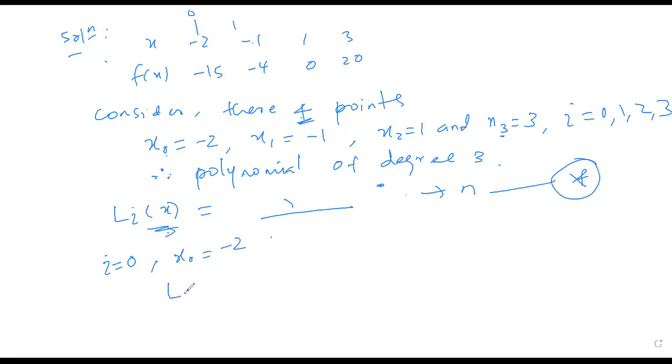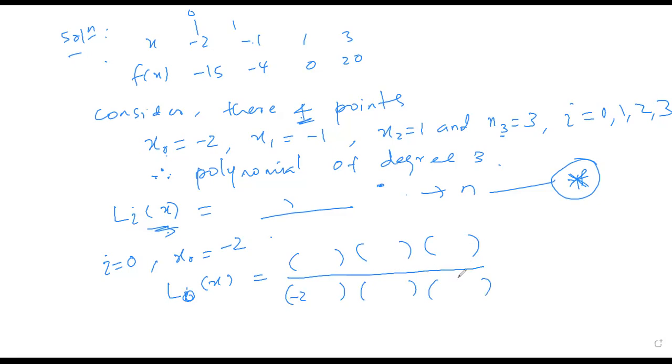So L0(x) will be changed into... I'm just substituting into my equation according to this star equation. Here in the denominator, I need to put x naught minus x1, something like that. I'm just showing how to easily write without making any mistakes.